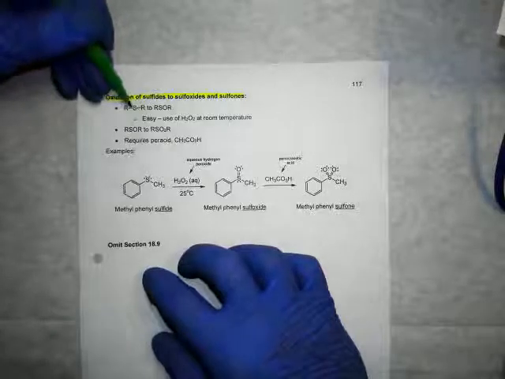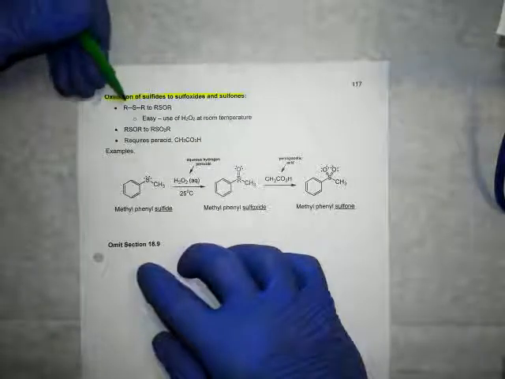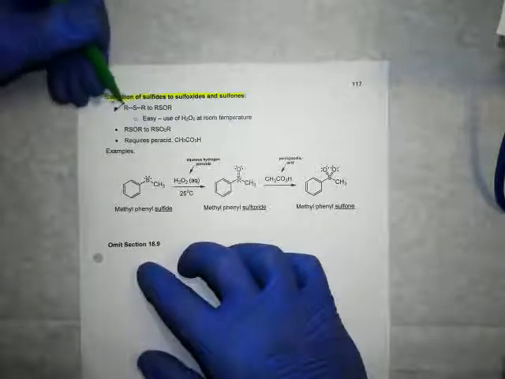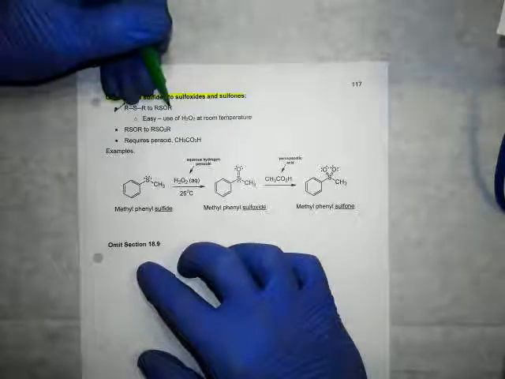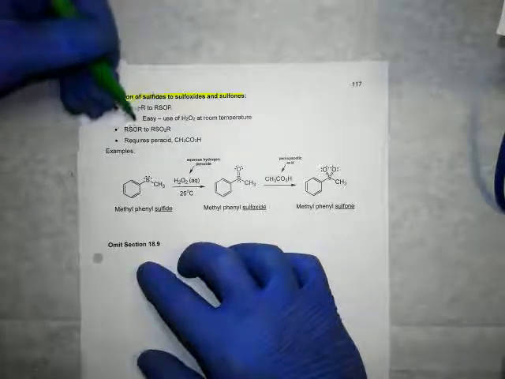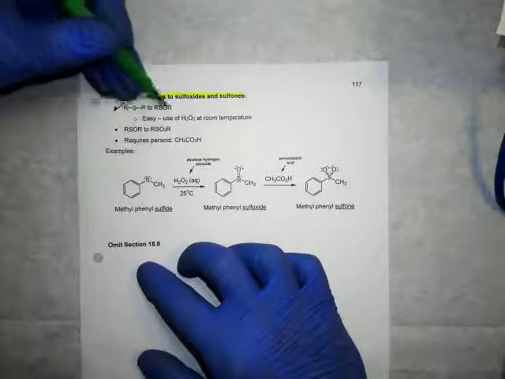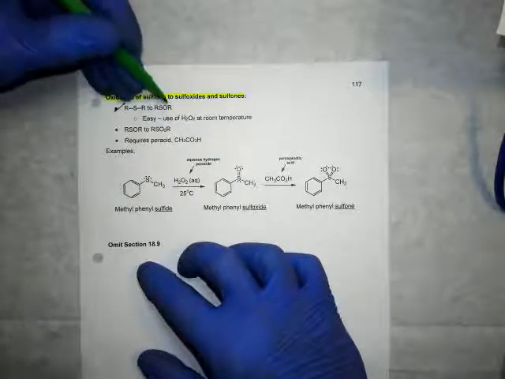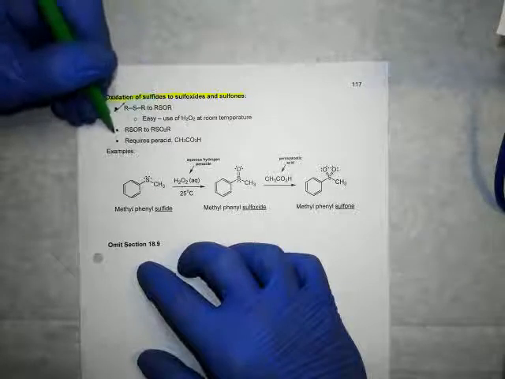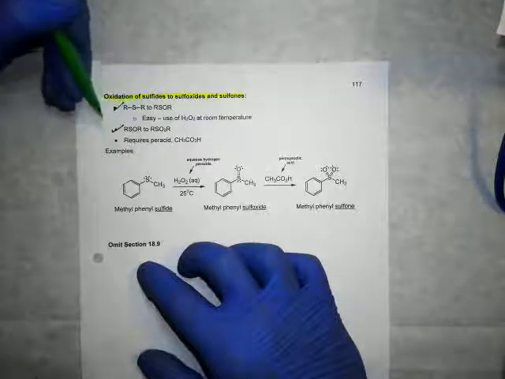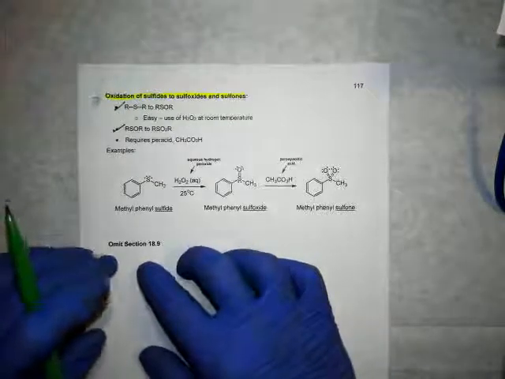When I say RSR to RSOR, that's a sulfide and this is a sulfoxide. Taking a sulfide to a sulfoxide is easy to do, but to take a sulfoxide to a sulfone is a little harder, so you need a stronger oxidant.